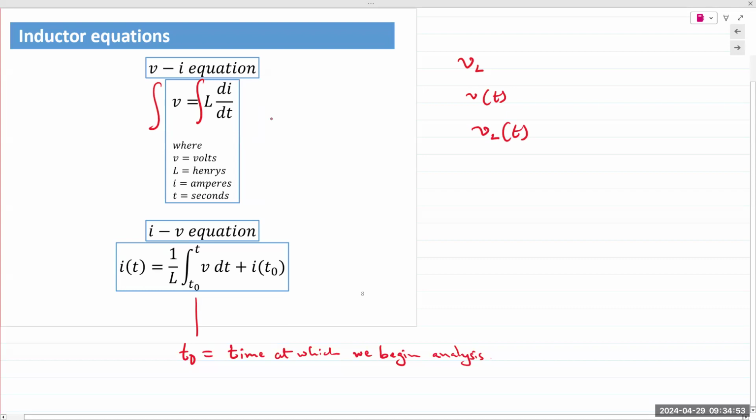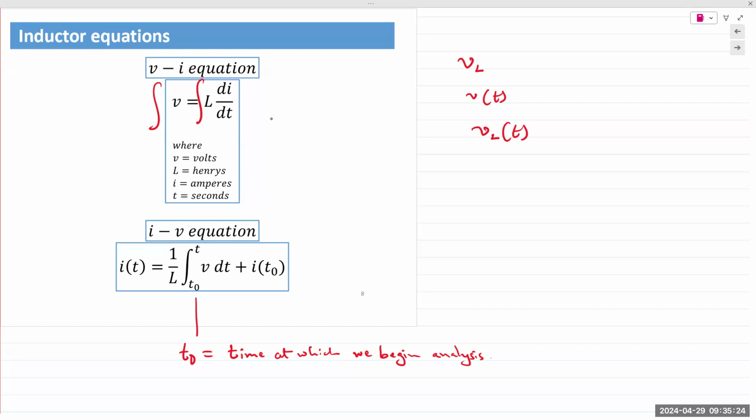So again, the subscript notation is simply indicating which component that voltage or current is referring to. When we get to capacitors or resistors, we might have VR, VC, IC, IR. That subscript is simply noting the component under analysis. So all kinds of notations will appear. It would be your job to recognize what component it's referring to.